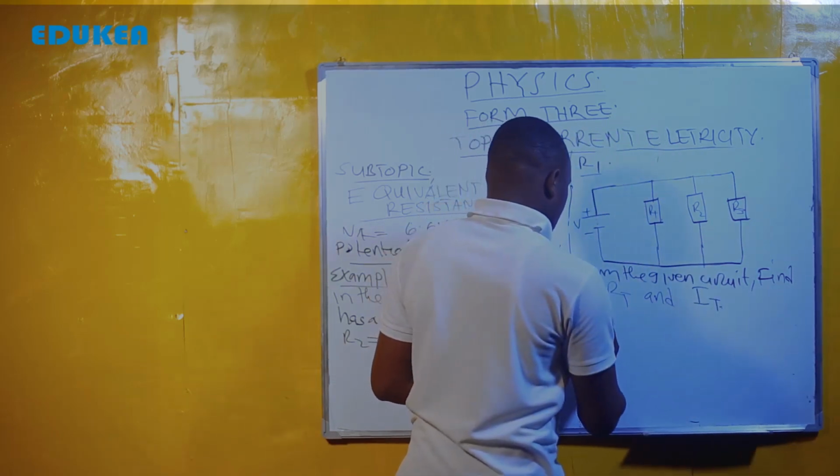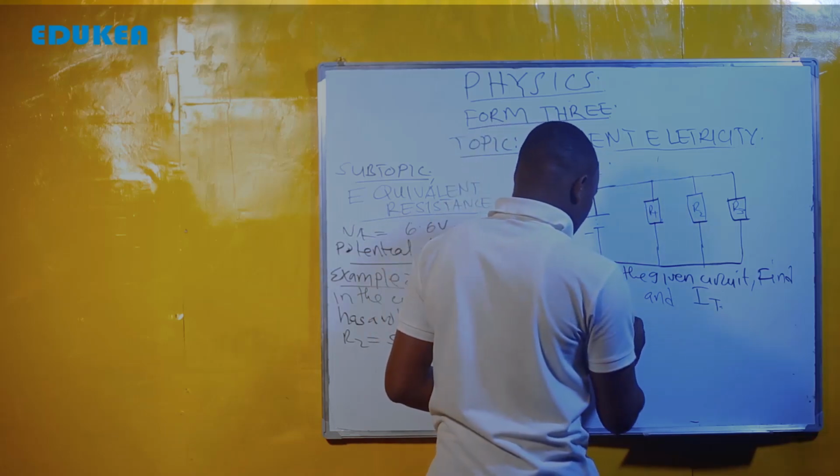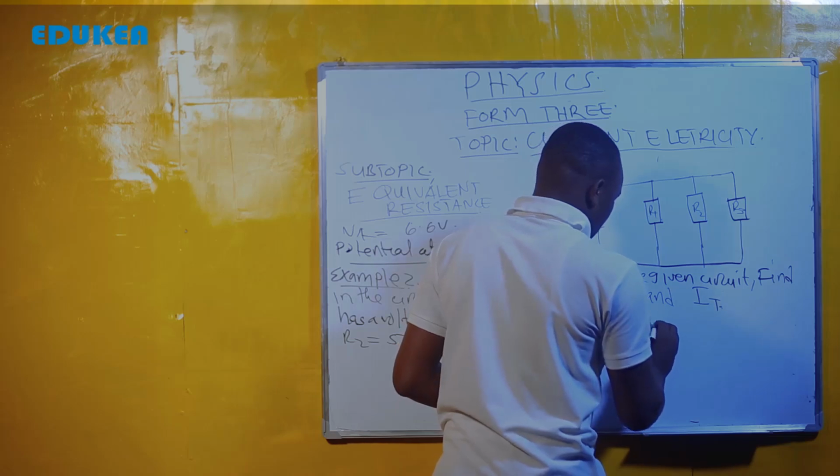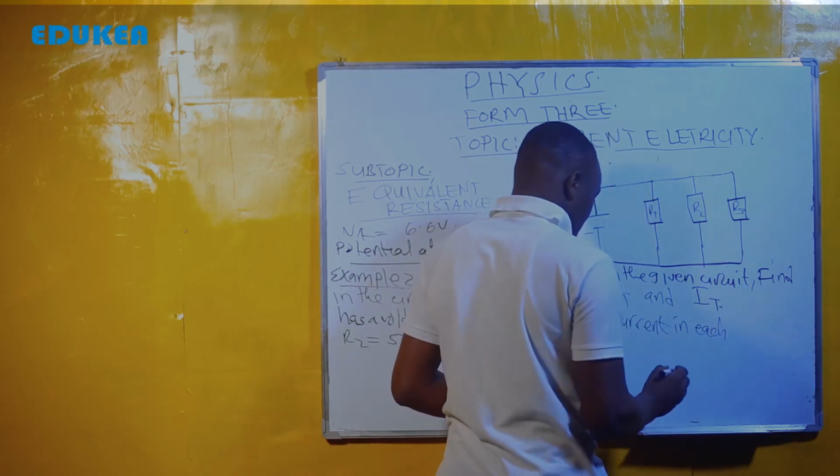Also in part B, you are required to find the current in each resistor.